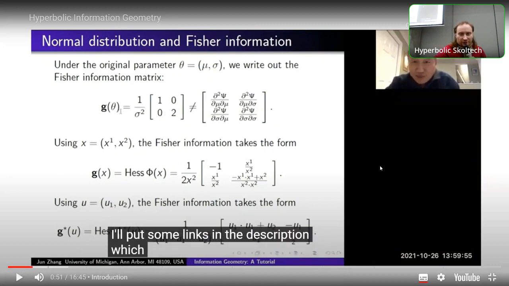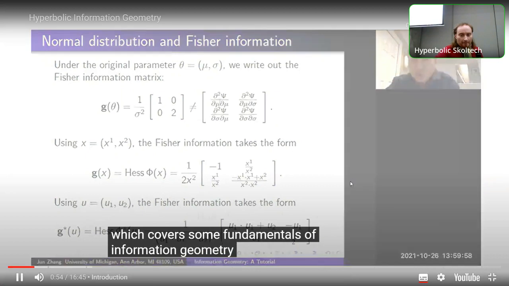So actually, these are some formulas from statistical classes, the usual formulas. You can think about Fisher information as the Hessian of some matrix, since you can take several parameters theta, so your parameter theta may be two-dimensional. This covers some fundamentals of information geometry.